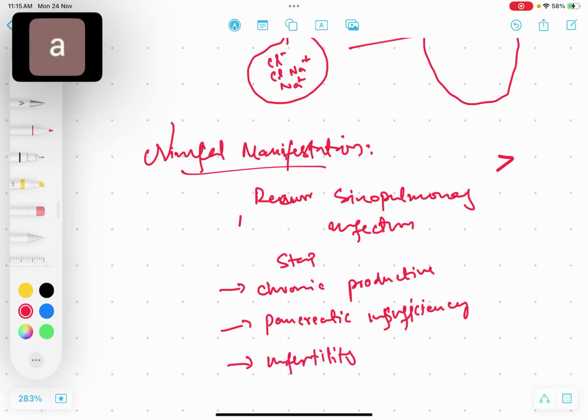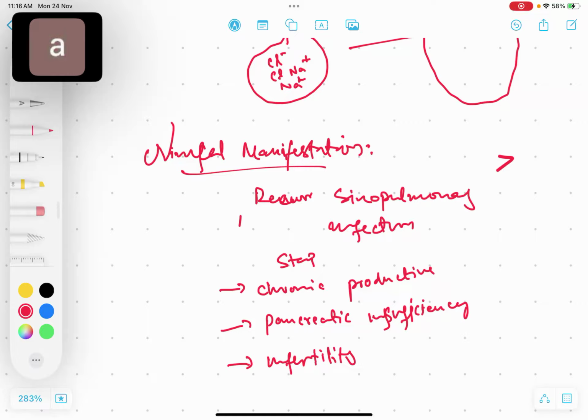Yeah, in males, there is congenital absence of the vas deferens, right? Also in females, it will affect cervical mucus production. So it can also lead to female infertility as well. Okay.